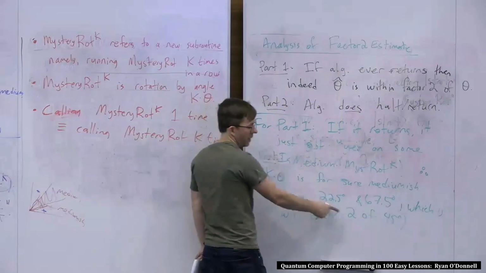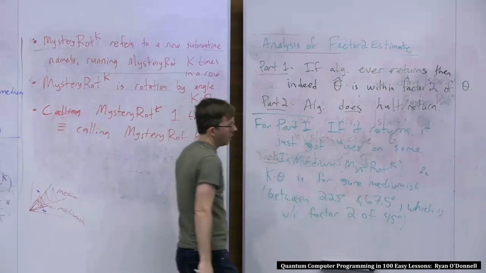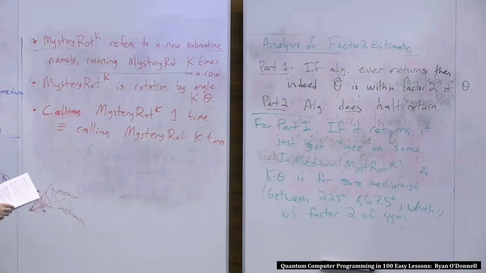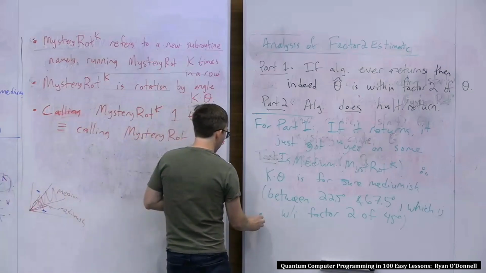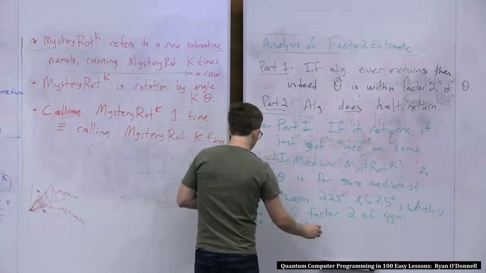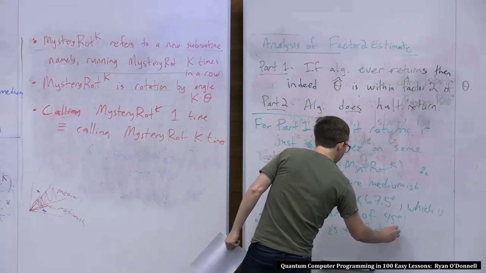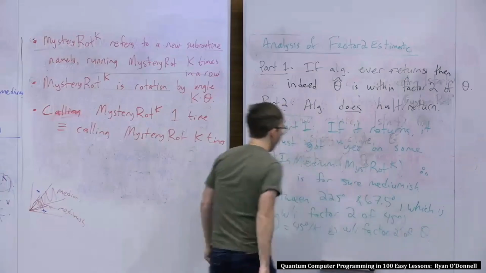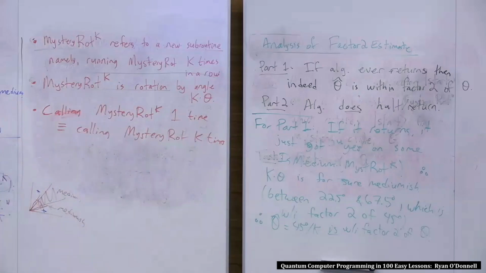Actually, it's a little bit better: 22.5 is exactly within factor 2 of 45 degrees, and this one is within 50% of it. But anyway, it's within factor 2 of 45 degrees. And therefore, theta hat, which is 45 degrees divided by k, is, as desired, within factor 2 of theta, because k theta is within factor 2 of 45 degrees. Okay, so that's part 1.